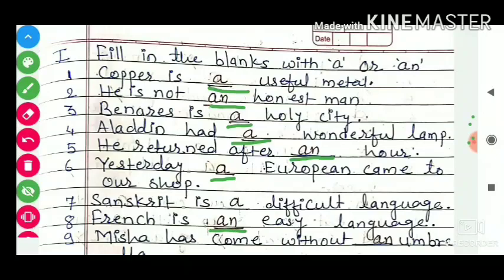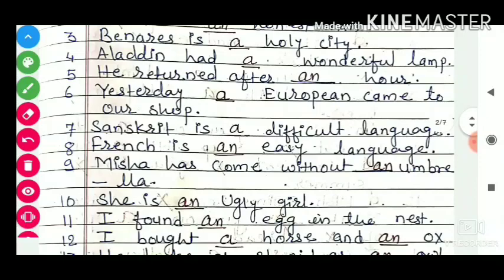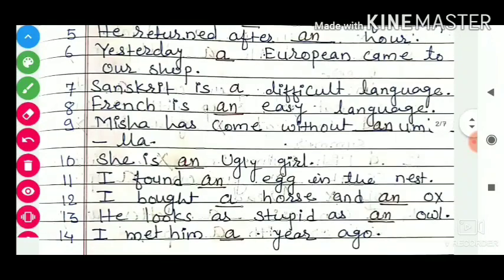Misha has come without dash umbrella. Umbrella starts with a vowel, so we use an before umbrella. She is dash ugly girl. Ugly makes a vowel sound, so we use an ugly girl. I found dash egg in the nest.